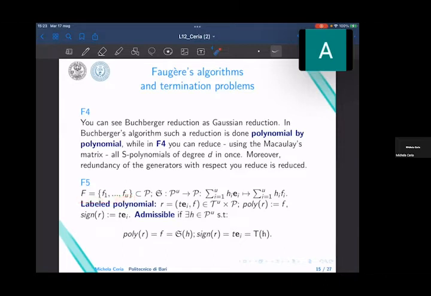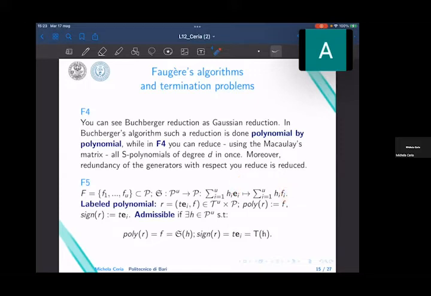Let's start with your polynomial set and define this map from P^u to P. So we take these elements where these e_i are the tuples with one in the i-th position and zero everywhere else, and define this map by substituting, let's say, this e_i with the polynomial f_i.